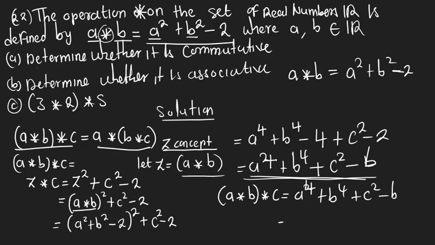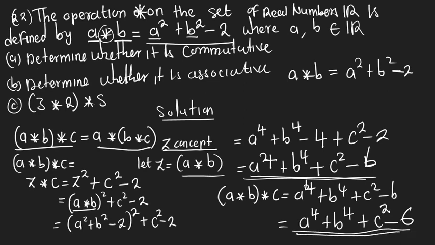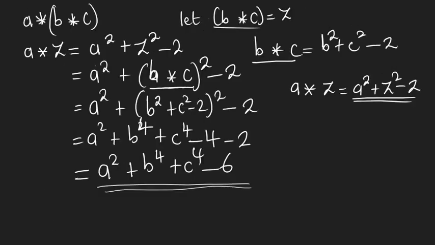So the first equation had A to the power 4 plus B to the power 4 plus C to the power 2 minus 6. That's what this part gave us, and the other part gave us this one. Are they the same? No, they are not, because here there is a 2.